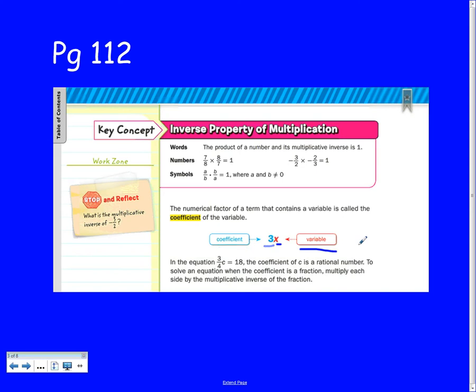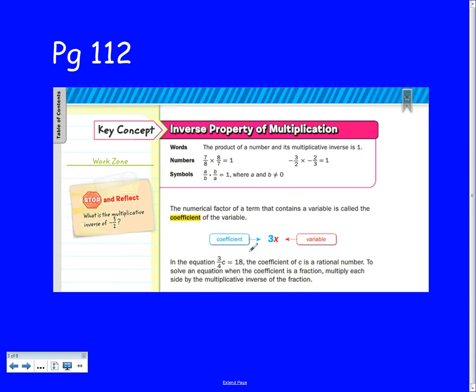So how do I get rid of a 7/8 if it was in front of an x? The key is by multiplying it by the multiplicative inverse, which makes it equal to 1. So in other words, in symbols, we have a over b times b over a equals 1, as long as b does not equal 0.